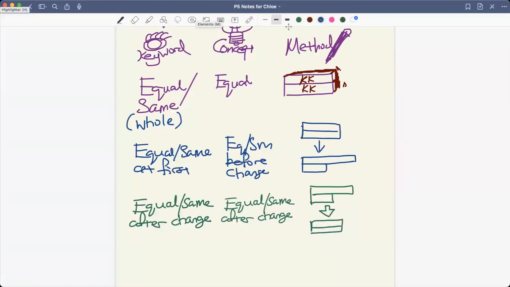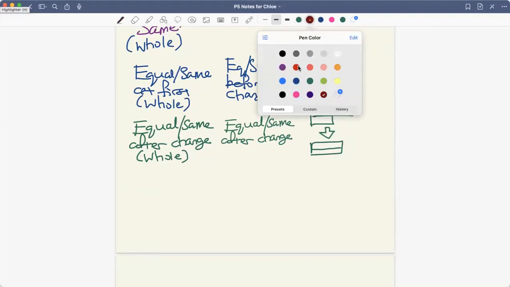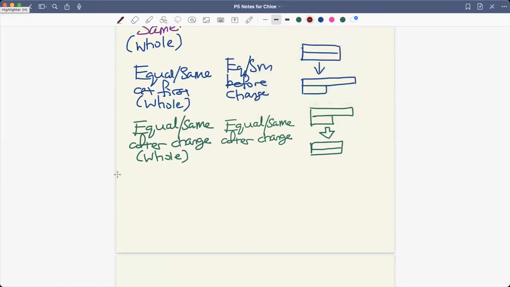Then next, all these are whole. Again, what they have that's equal is the whole part, as in the whole piece. Then next you have the equal fractions.